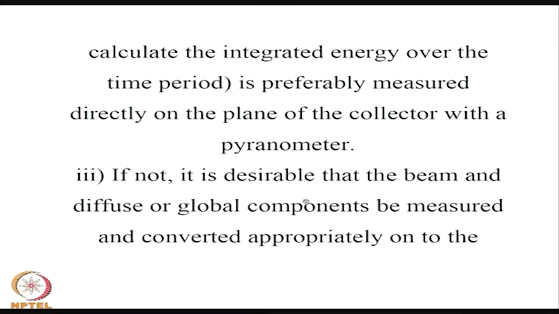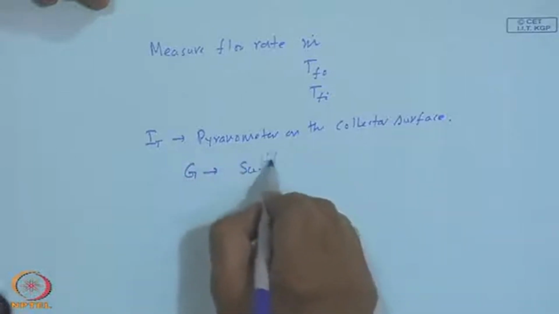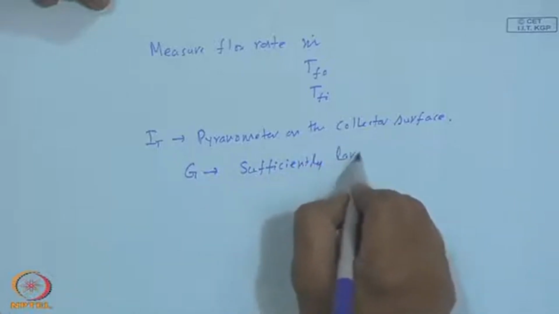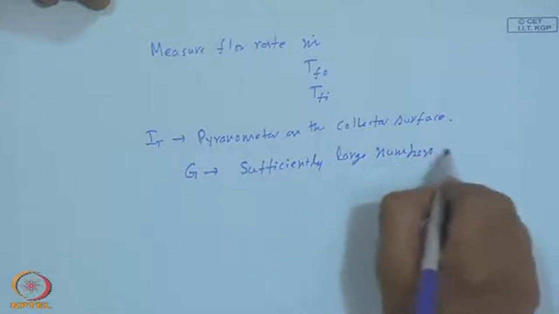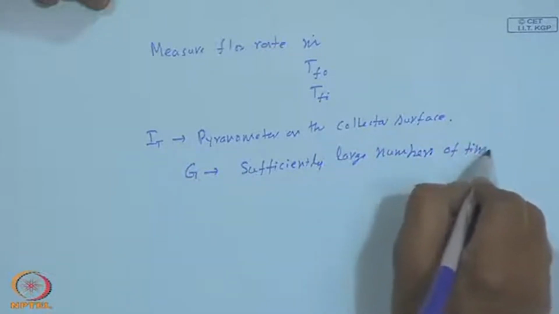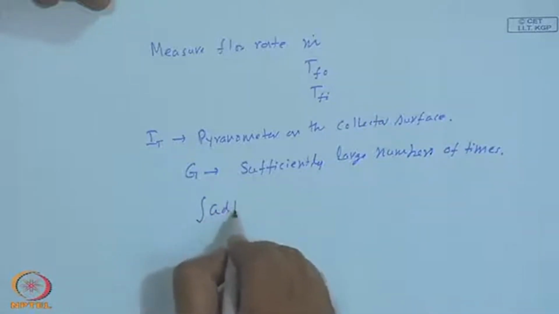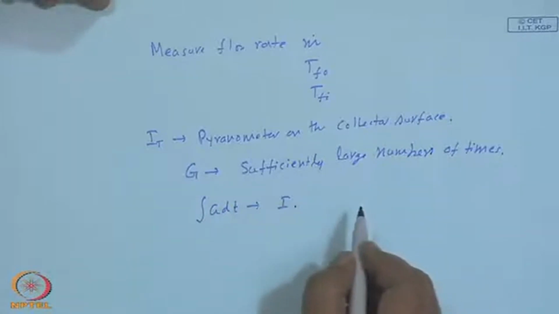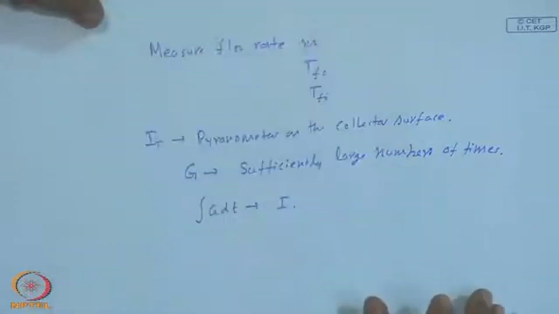Or if you measure G, then a sufficiently large number of times, so that you have a meaningful integral G dt equal to I. And if you convert this into I_T, there will be certain uncertainties. So, Q_u is already known in terms of the mass flow rate.